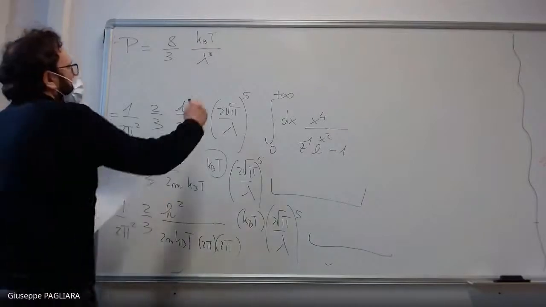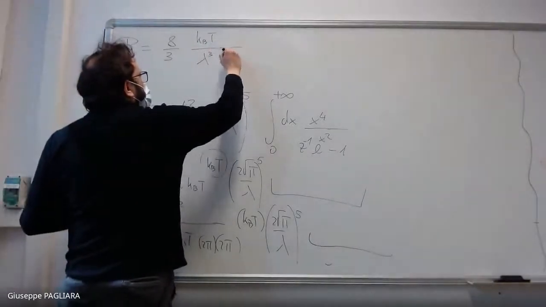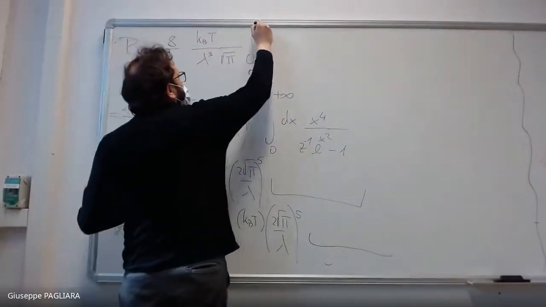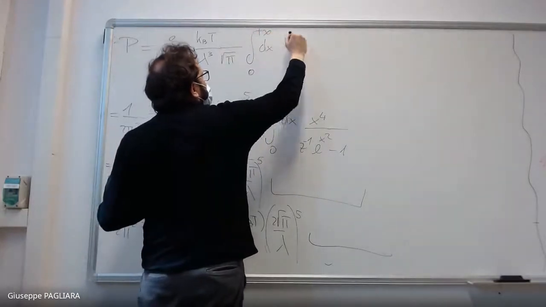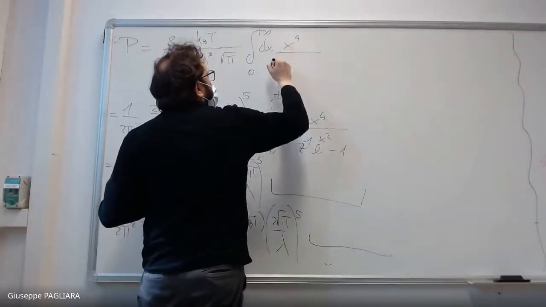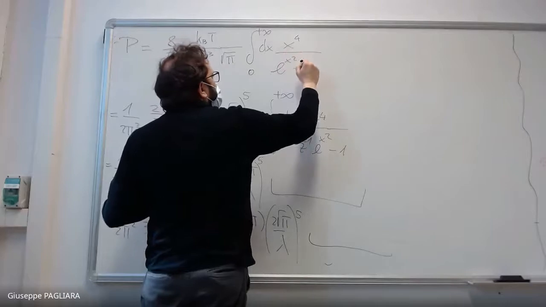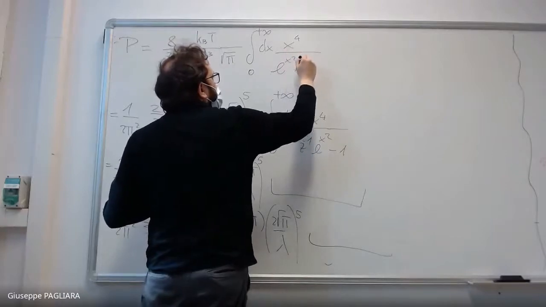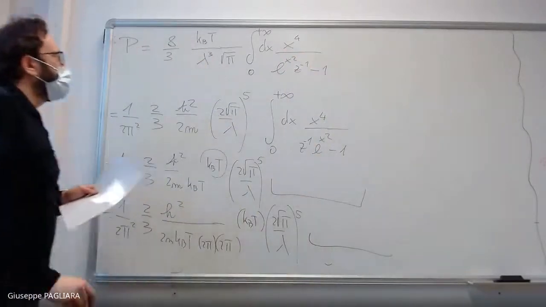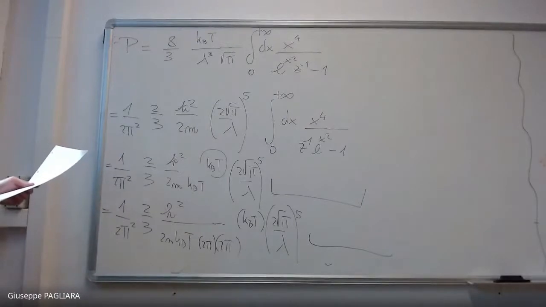Square root of pi is still there, and the integral from 0 to plus infinity dx, x to the power of 4, over z^-1 e^(x^2) minus 1. Okay, 8/3 kBT over lambda cubed times f. It should be right like this.